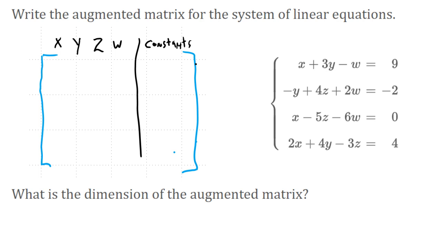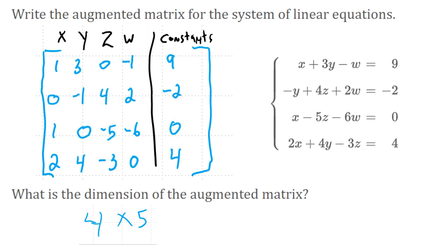So let's go ahead and do our augmented matrix form. On line 1, we have a 1 for x and a 3 for the y. There is no z, and when we don't have a variable, we represent it as a 0, like a placeholder. And then our w would be a -1, equals 9.